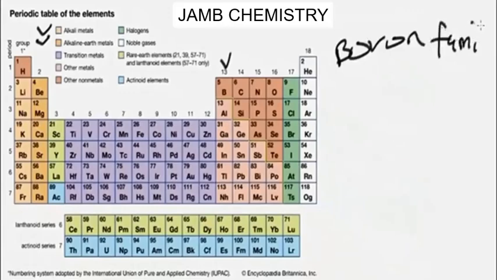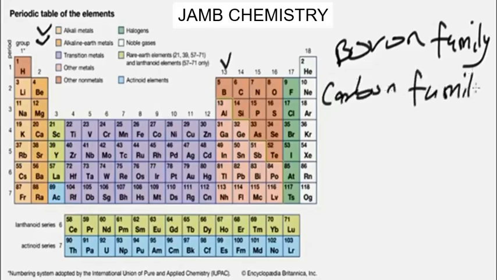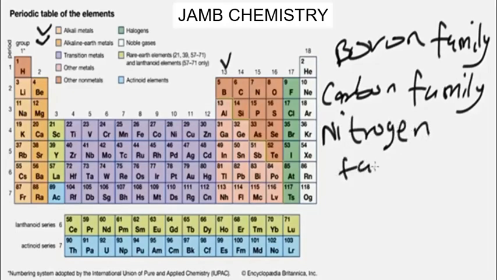Elements in group 14 are referred to as elements in the carbon family. Elements in group 5 are referred to as elements in the nitrogen family. This is group 4, this is group 5.